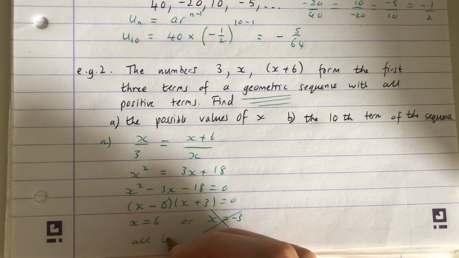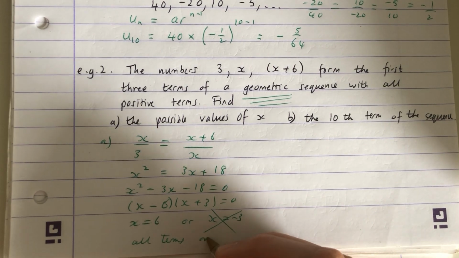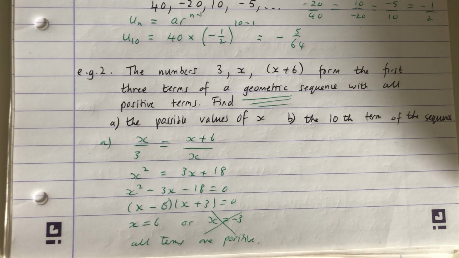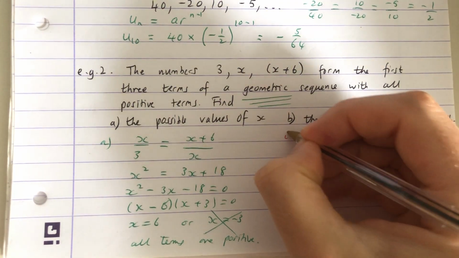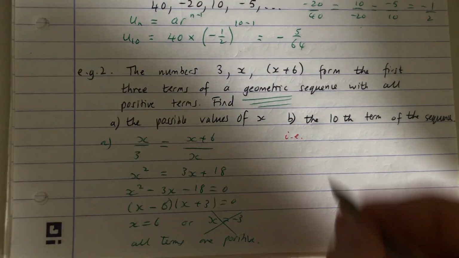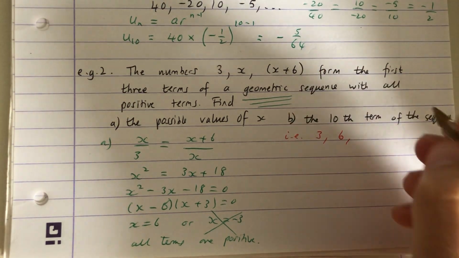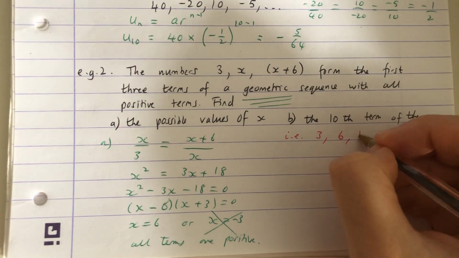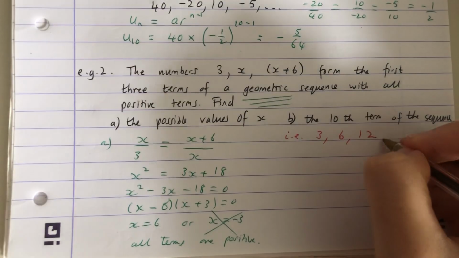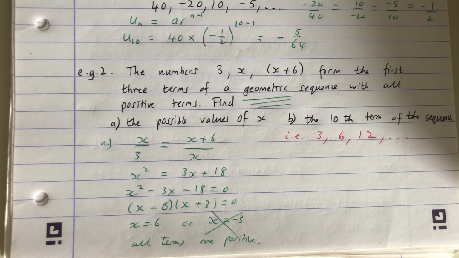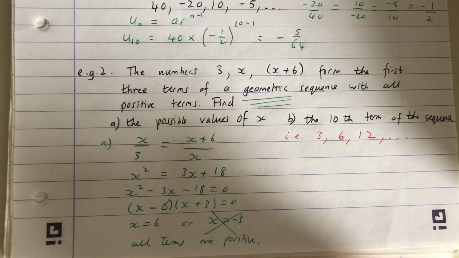All terms are positive for x equals 6. So in other words, the sequence itself is 3, 6, 6 plus 6, which is 12, and so on. And you can see that the common ratio for that would be 2, wouldn't it?